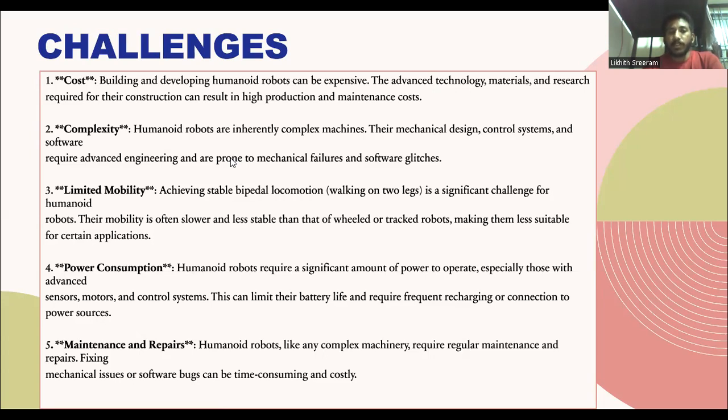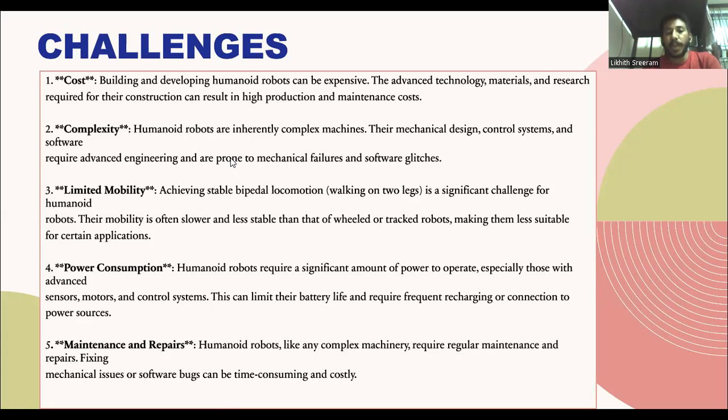Limited mobility: achieving stable bipedal locomotion is a significant challenge for humanoid robots. Their mobility is often slower and less stable than that of wheeled or tracked robots, making them less suitable for certain applications. Power consumption: humanoid robots require a significant amount of power to operate, especially those with advanced sensors, motors, and control systems.